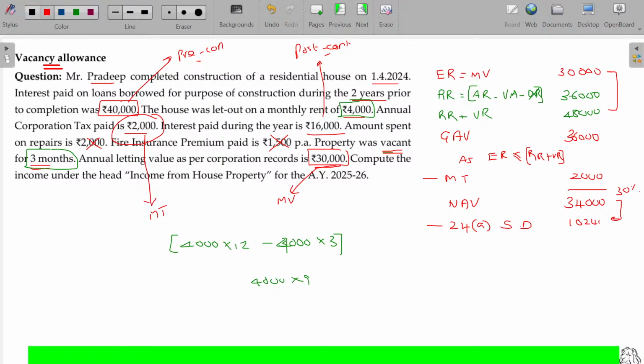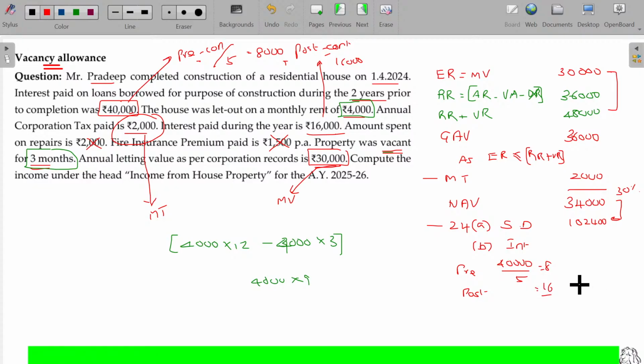10,200. Apart from that, B, interest. In case of pre-construction period interest, you can deduct over the 5 years period. 40,000 for 5 years means every year you can claim 8,000 rupees deduction, and post-construction period interest you can claim as it is. So 40,000 by 5, plus post-construction being 16,000.